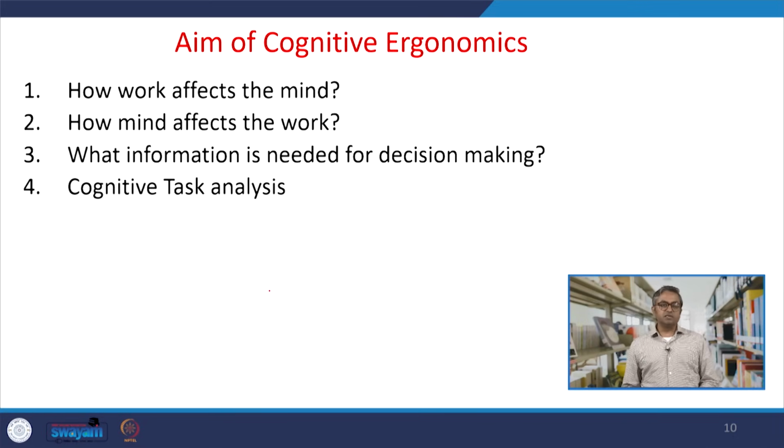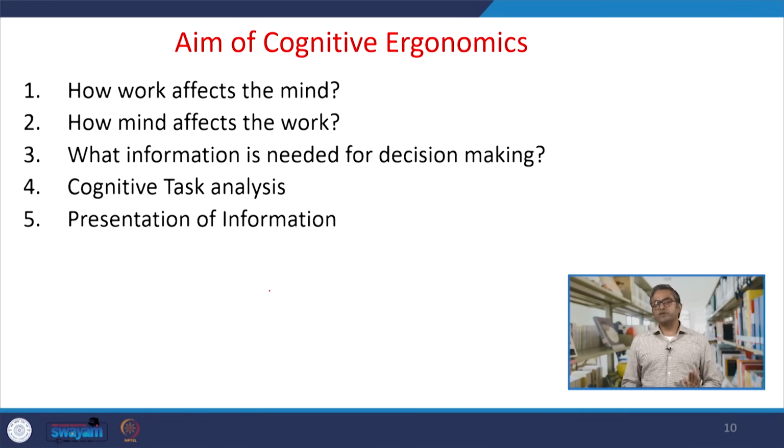So, in recent years, people have started paying more attention towards cognitive task analysis. In some domains, in some ergonomics disciplines, people are even studying this as forensic task analysis. Different people have different approaches, but in this course, our main concern will be cognitive task analysis.